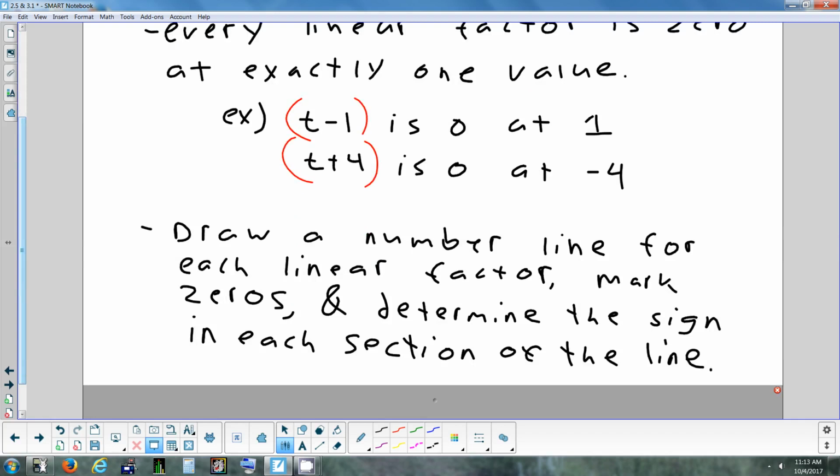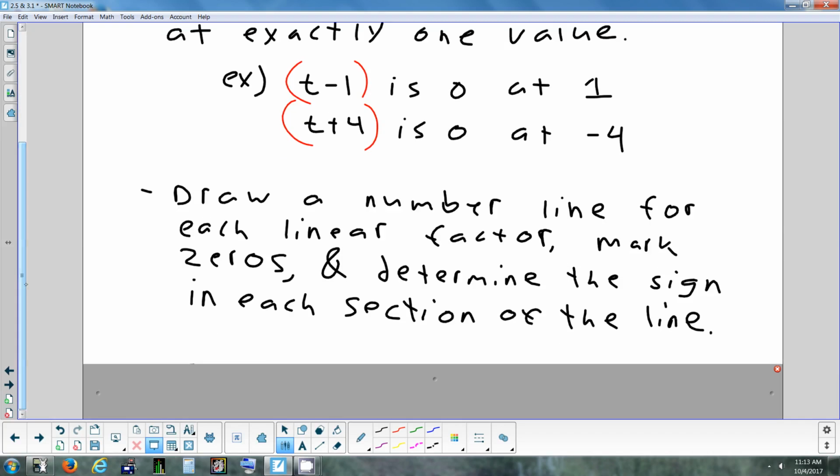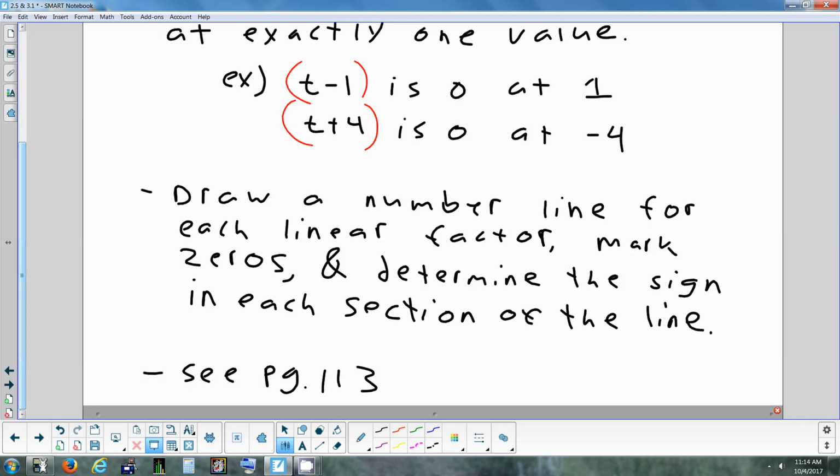Usually one side is negative and the other side is positive. We're going to make probably 5 or 6 of these, so we'll do a lot of them. Page 113 has some more pictures, but we're going to do plenty of pictures right now. Any questions on that?